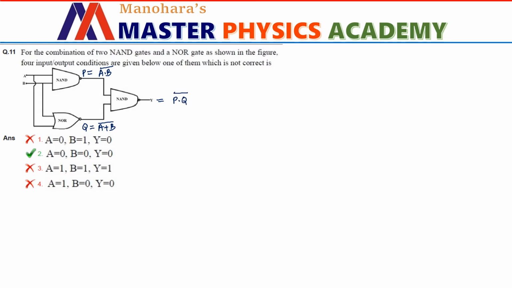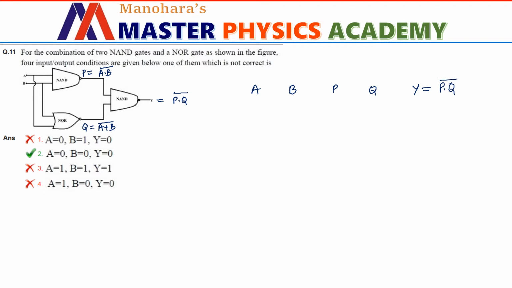So let us make a truth table to understand how this circuit works. So we have A, B, then the output of NAND gate is P, the output of NOR gate is Q. These are going to act like inputs for the final NAND gate, which is going to produce output Y with the expression (P into Q) whole bar, right?